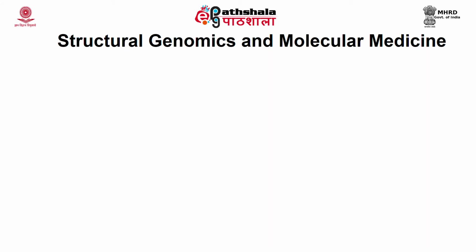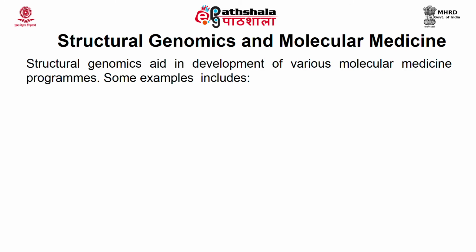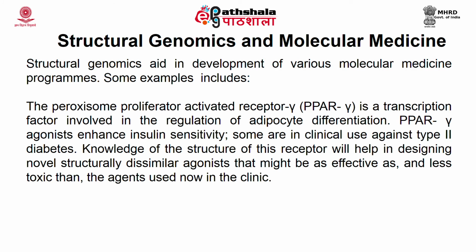Coming to structural genomics and molecular medicine. Structural genomics aids in development of various molecular medicine programs. Some examples are enlisted here, which represent how structural genomics is helpful in the development of various medicines. The first example is the peroxisome proliferator activated receptor gamma, also called PPAR gamma.